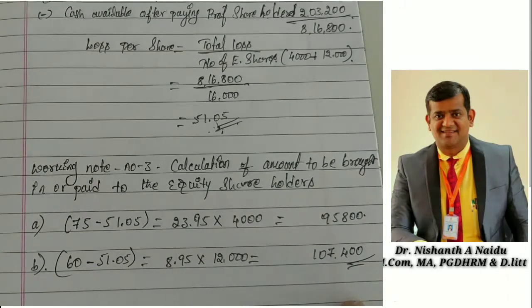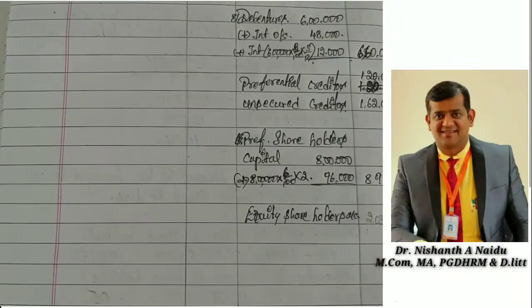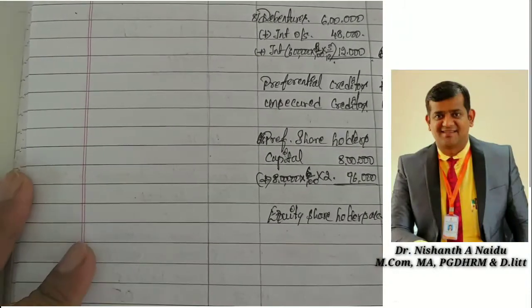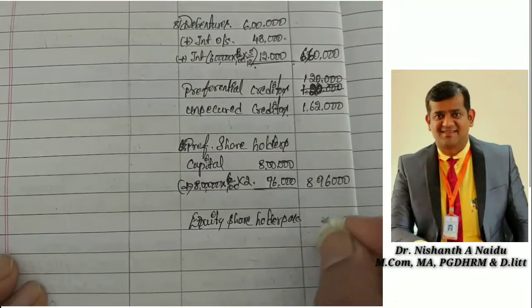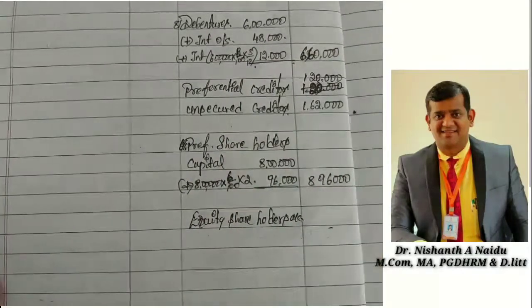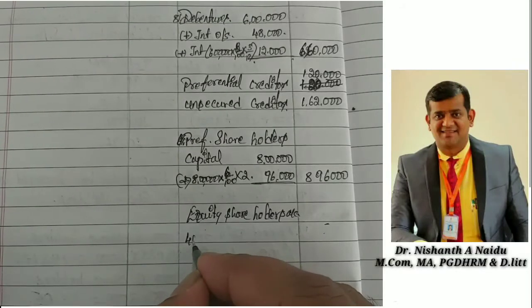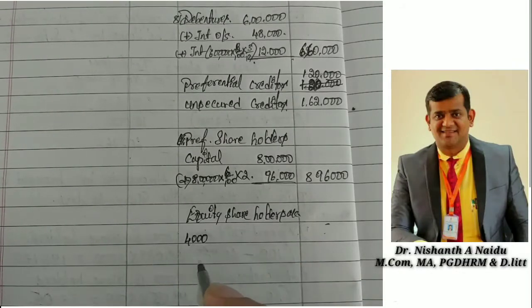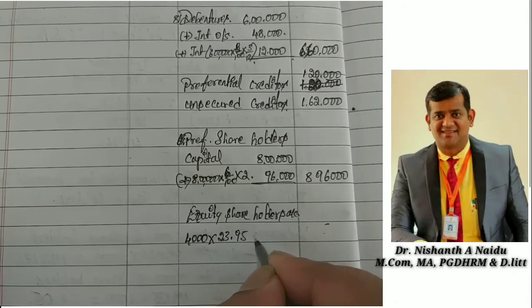1,07,400 rupees. Now you have understood, right? So now I am going to write here. I am going to erase this difference, 2,03,000, whatever I had identified, and write the last amount to be distributed among equity shareholders. For 4,000 shareholders, we are paying 23 rupees 95 paise.